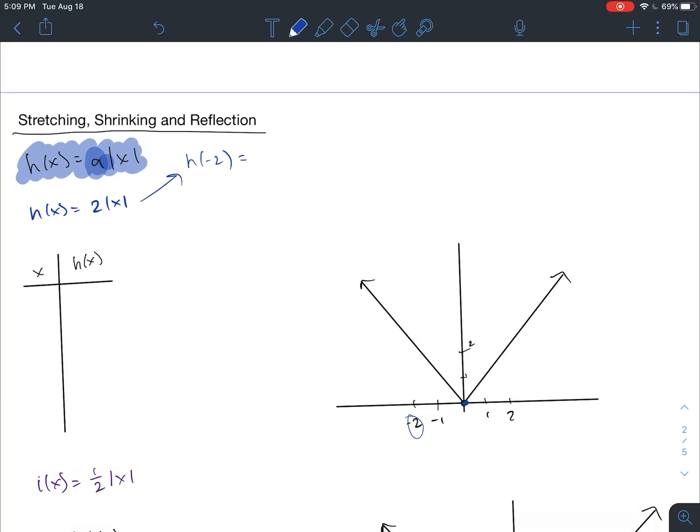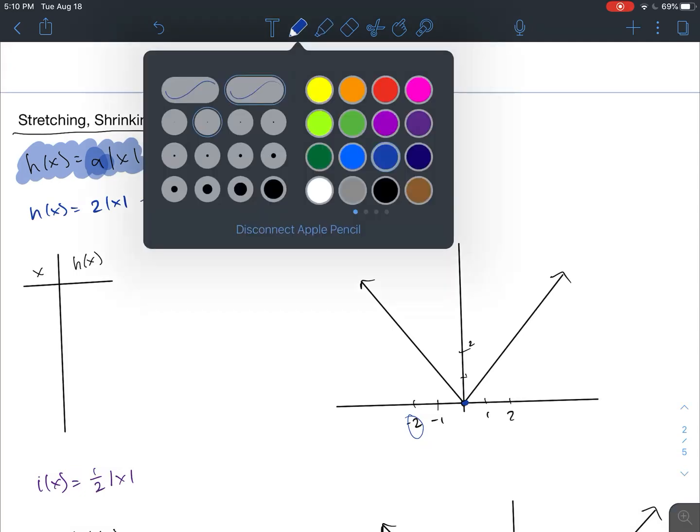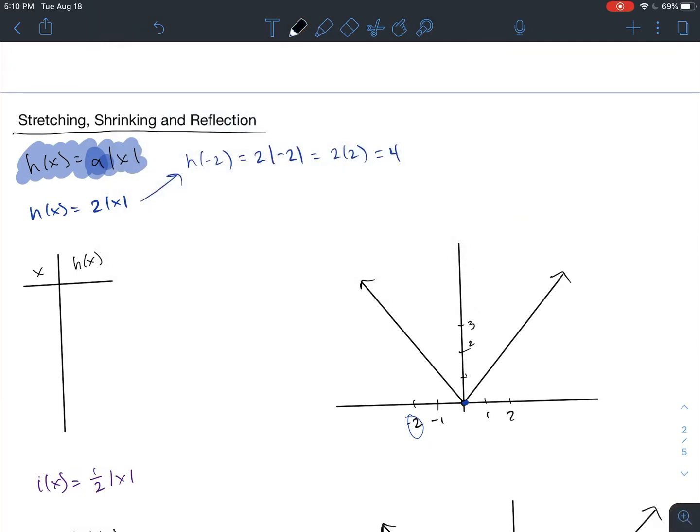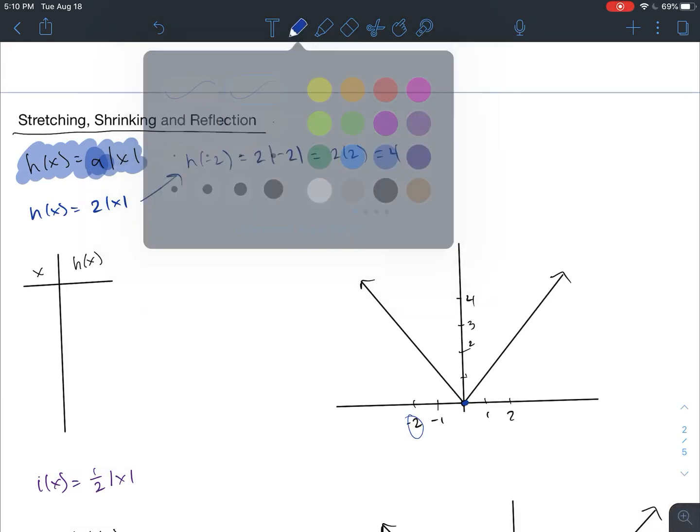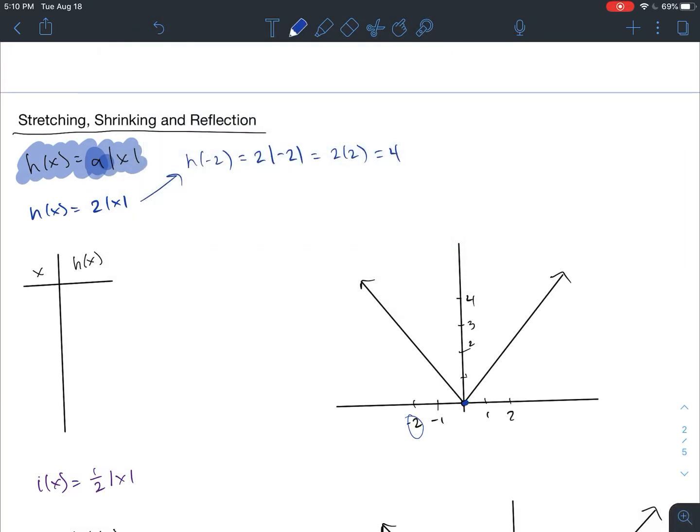So h of negative 2 is equal to 2 times the absolute value of negative 2. Well, the absolute value of negative 2 is just 2. 2 times 2 is 4. So like that, when x is negative 2, y is 4.